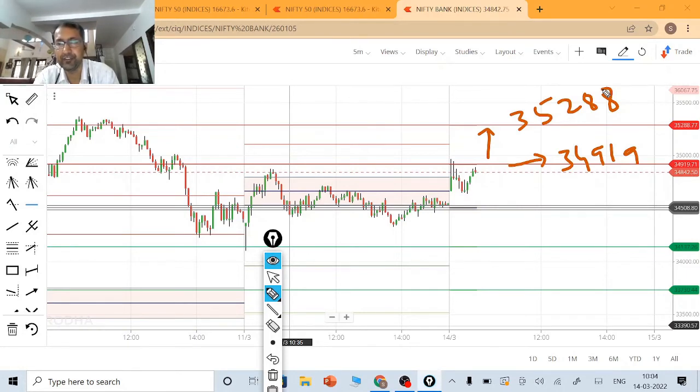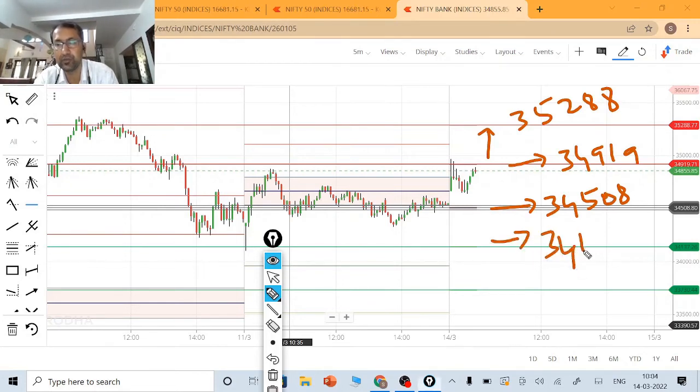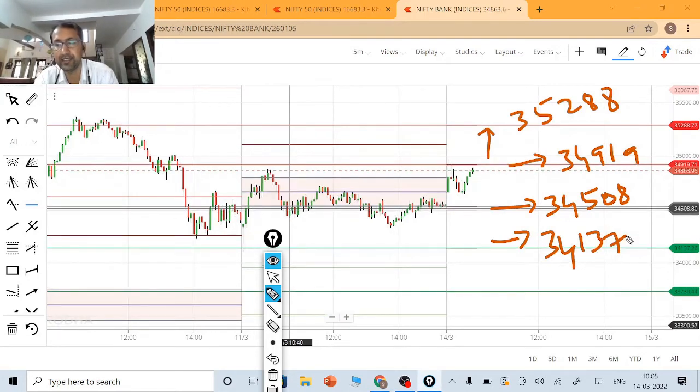Bank Nifty has very good support at 34,000. That is at the pivot level, 34,508. Now, if Bank Nifty falls below 34,508, then Bank Nifty will have a fall up to 34,137. And the next support for Bank Nifty is 33,730.